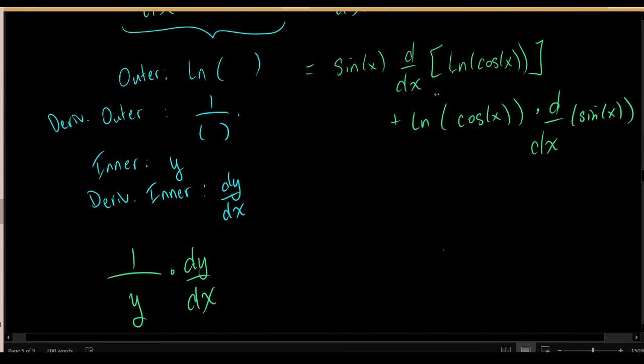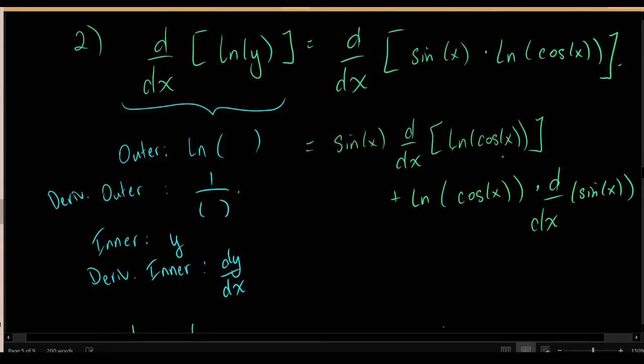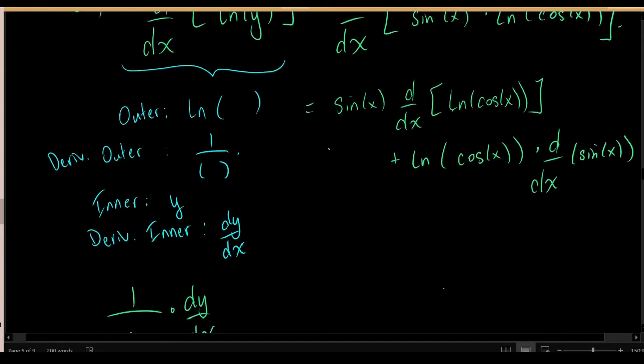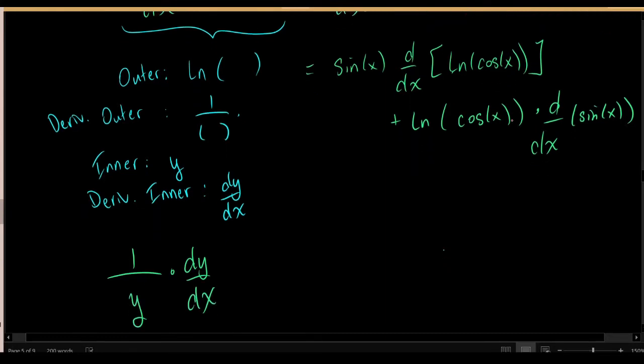Now once again, to find the derivative of natural log of something, we can use chain rule, where the outer function is natural log and the inner function, in this case, is cosine. And following the same chain rule reasoning, the derivative of this first term would be 1 over cos x times the derivative of cos x, which is negative sine x.